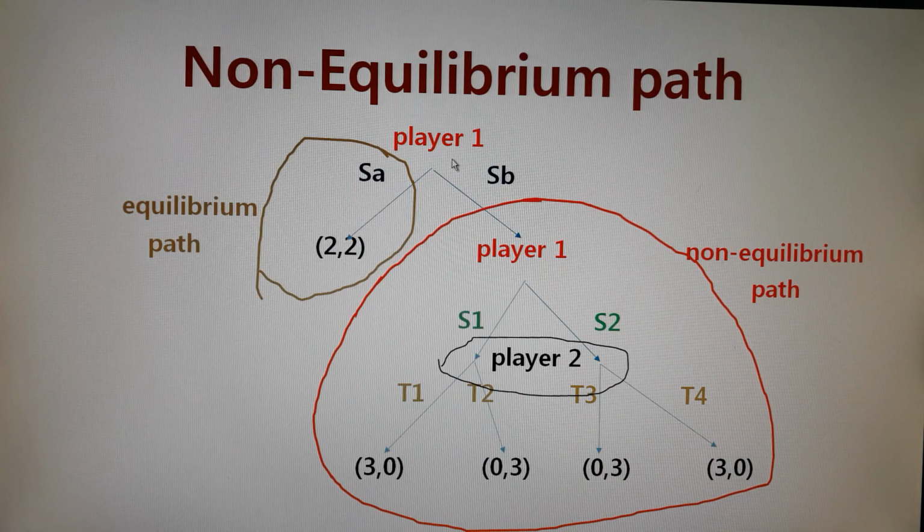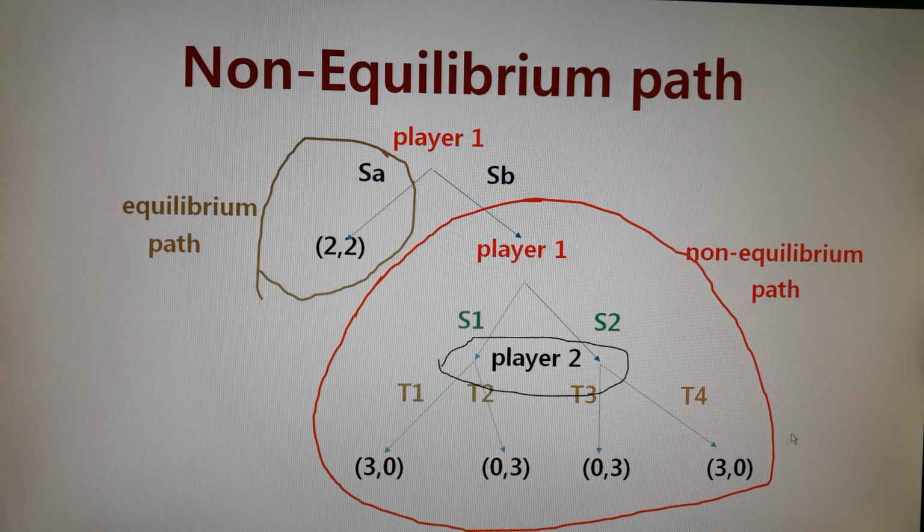If someone asks, why did player 1 choose SA and get 2? Because there is something like 3 here. Why did player 1 give up 3 and get 2 instead in the equilibrium? The reason is, in this non-equilibrium path, even though he chose SA, if he had chosen SB, what would be happening?